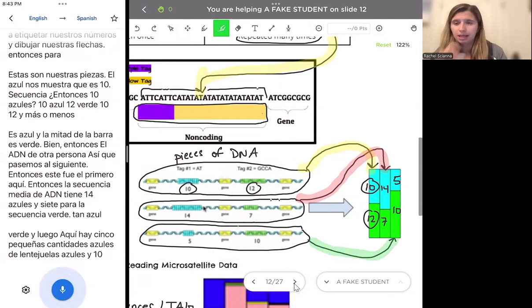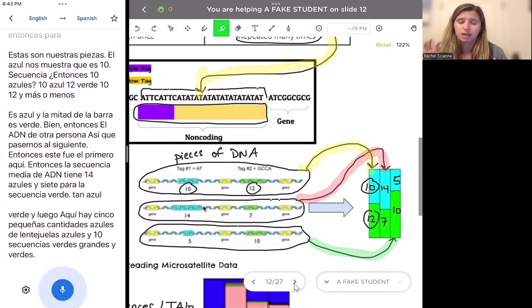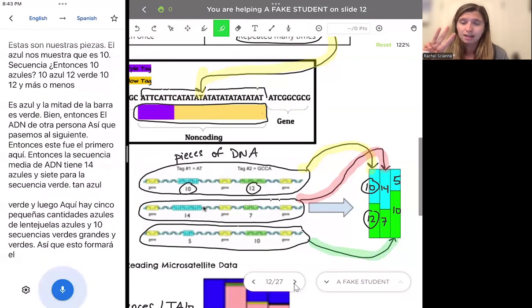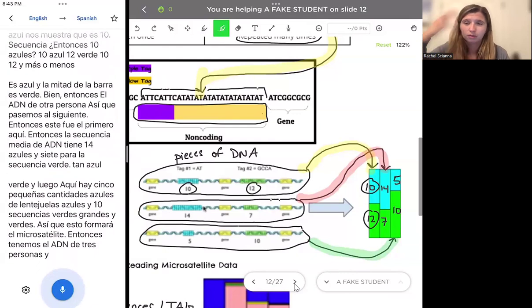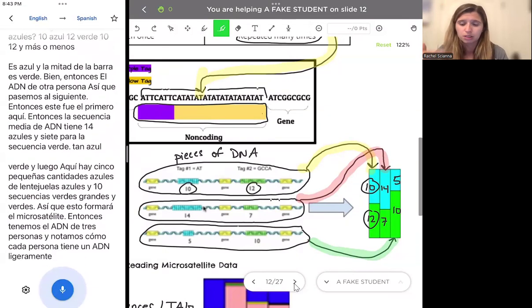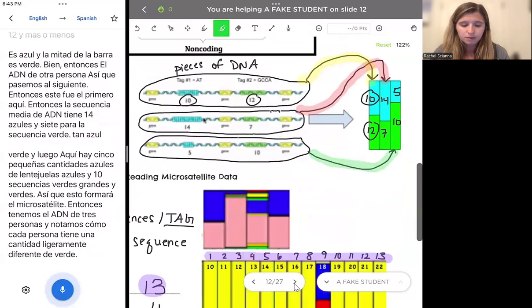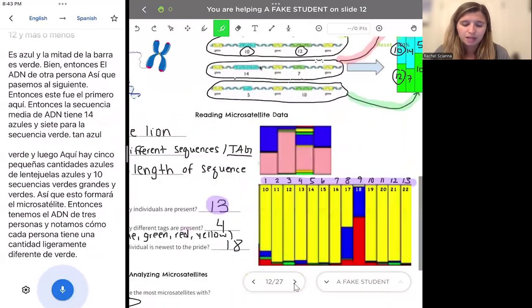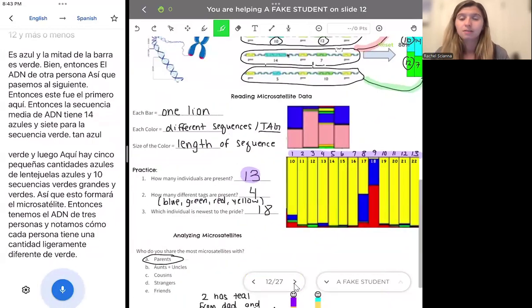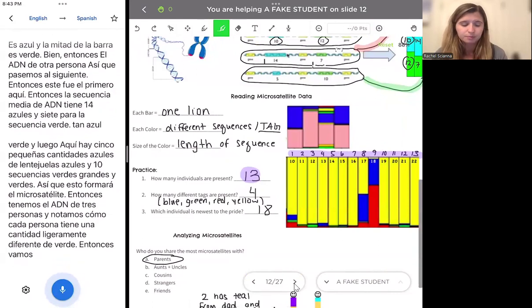So this will make up the microsatellite. We have 3 people's DNA, and notice how each person has a slightly different amount of green sequence and blue sequence. So let's break down how we read microsatellite data.